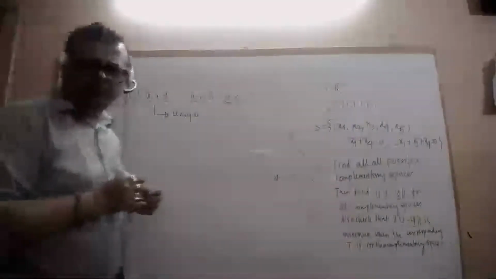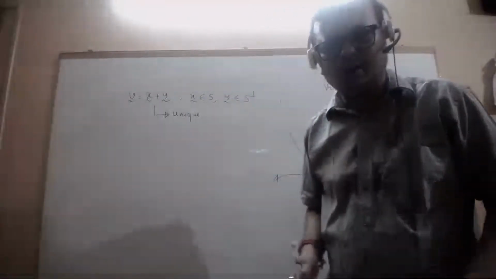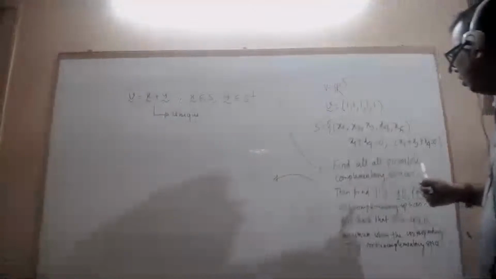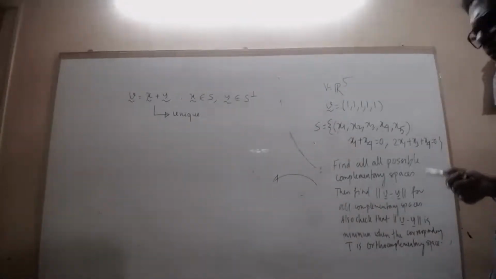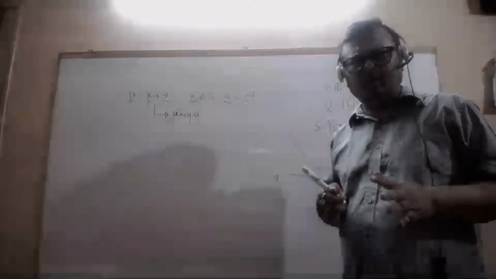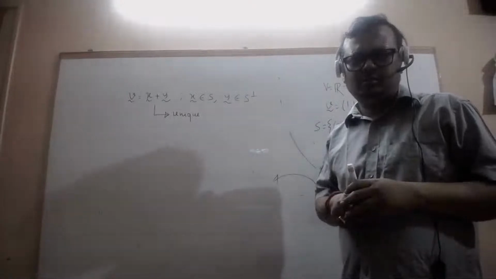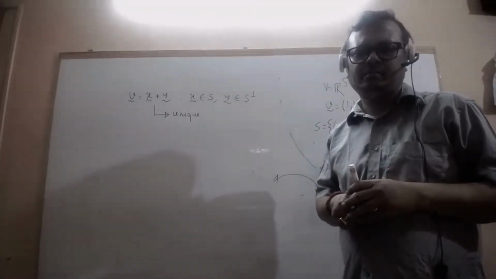So I think Shubhajit asked me a question. Shubhajit, probably you said this thing, complement should be unique. It should be unique when it is an orthocomplement. Otherwise, it is not unique.